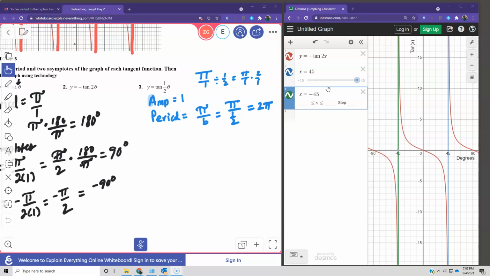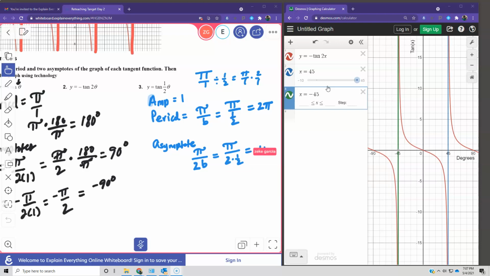So now what we have is to find the asymptotes, or the first asymptote. It's going to be pi over 2b. So it's going to be pi over 2 times 1/2. And you notice that 2 times 1/2 is 1.